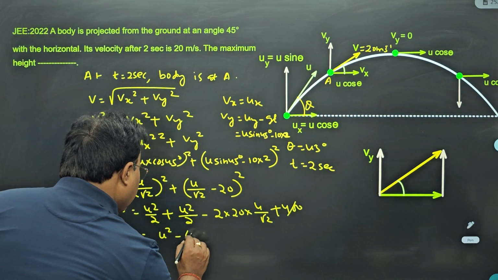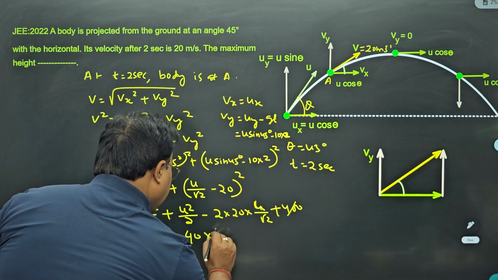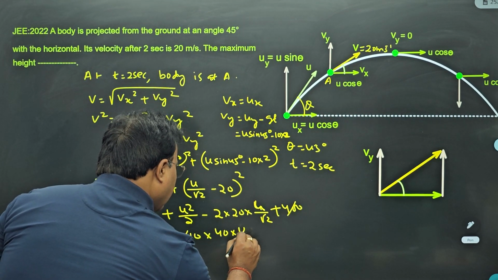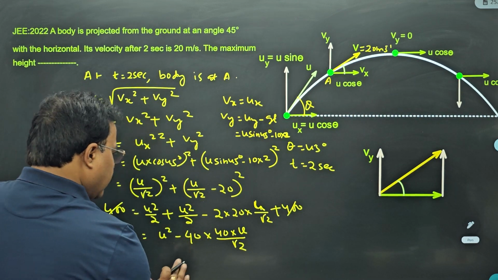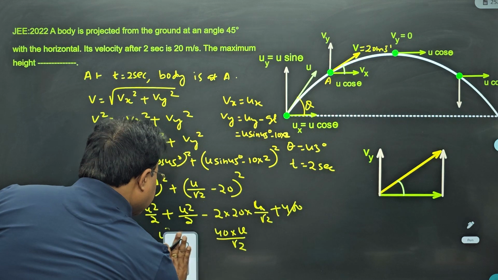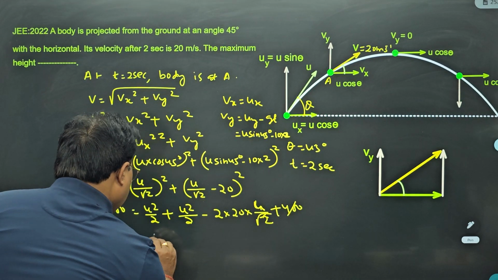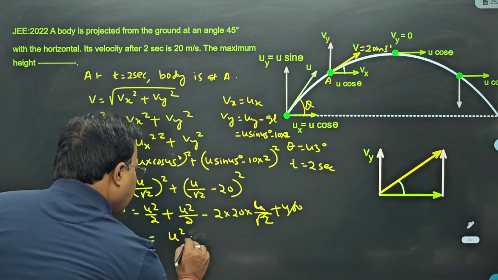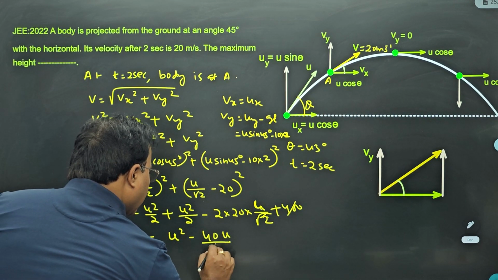This is 40 into U by root 2. This is the mistake I have done. Let me correct it again. This equals U square minus 40 U by root 2.